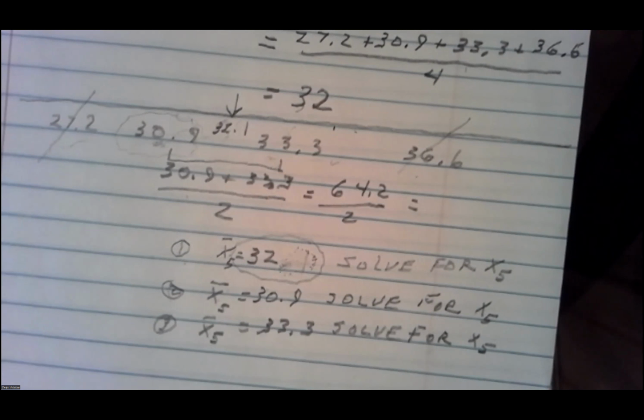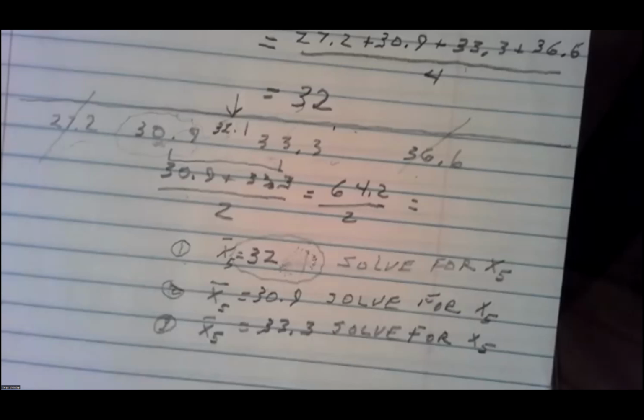And we'll put everything in that we know. So we know we have 30.9 is equal to 128, that's when we add the 4 up, plus x sub 5, divided by 5.